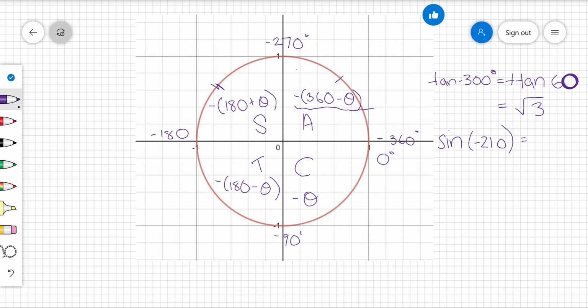We know sine is positive in this quadrant, so I know the answer is going to be positive, and then I just want sine of the acute angle. All right, what's the acute angle? If this is negative 210, then it makes a 30-degree angle with the x-axis, and sine 30, we know, is a half.